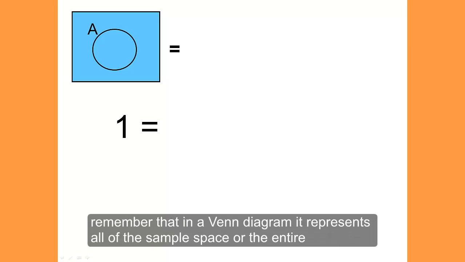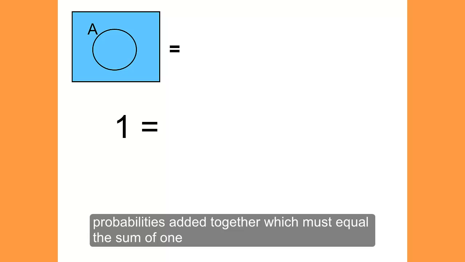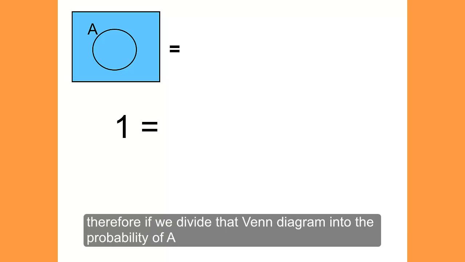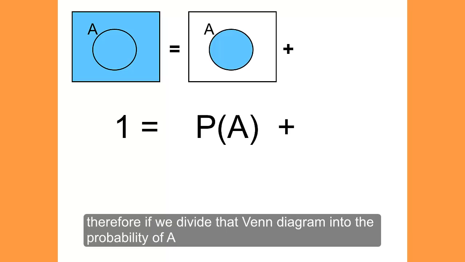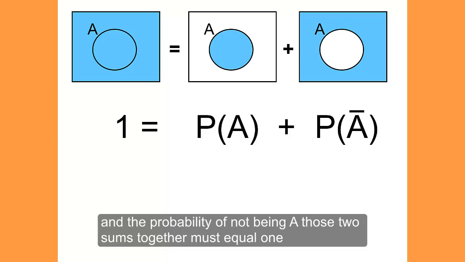Remember that in a Venn diagram, it represents all of the sample space or the entire probabilities added together, which must equal the sum of 1. Therefore, if we divide that Venn diagram into the probability of A and the probability of not being A, those two sums together must equal 1.